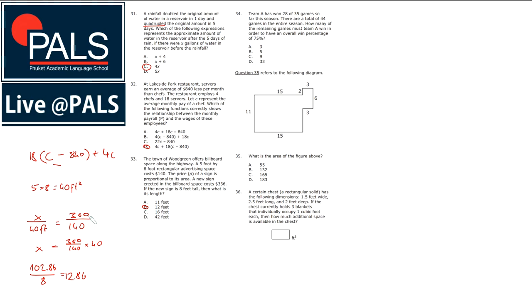No, wait, why did I? No, wondering why would I get a decimal? I used the wrong number here. It's not 360. Sorry. So let's do this again. Price is not 360. It's 336. So that would be 336 divided by 140 times 40 is 96.